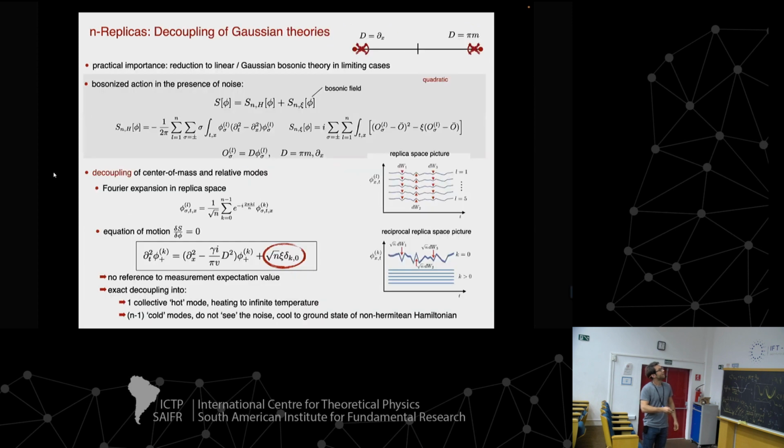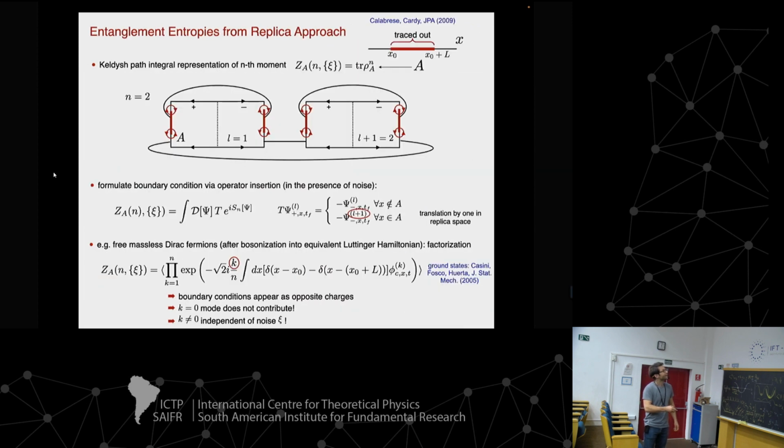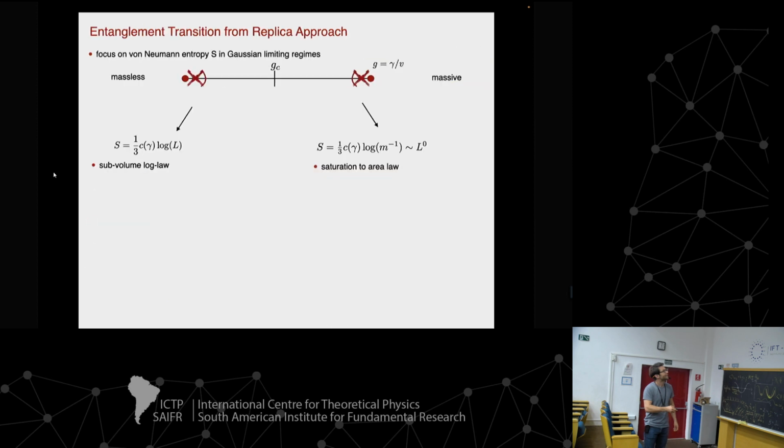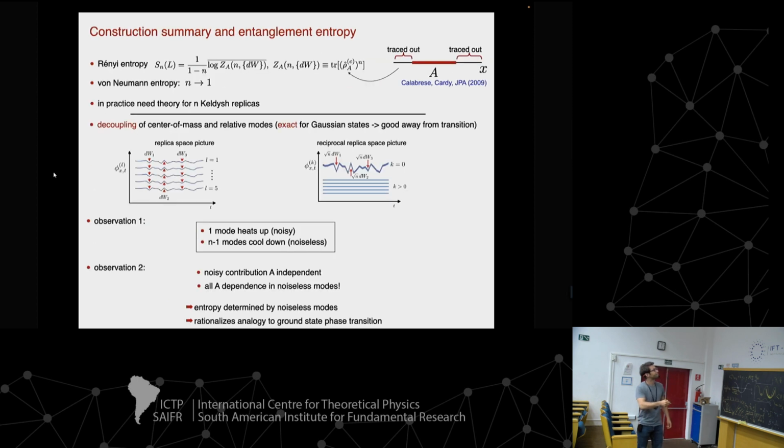Okay, and after everything has been said and done, I think this is a nice picture with which we can end. When we have these n replicas, each of them gets exactly the same noise. But you can see that there are better coordinates to describe this problem. Namely, we go to Fourier space, to replica Fourier space, if you like.